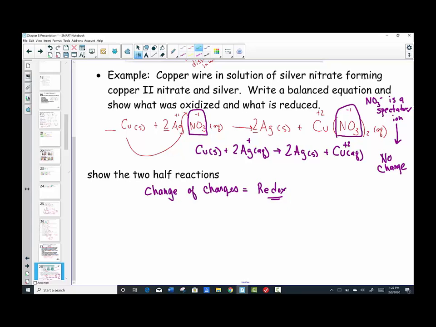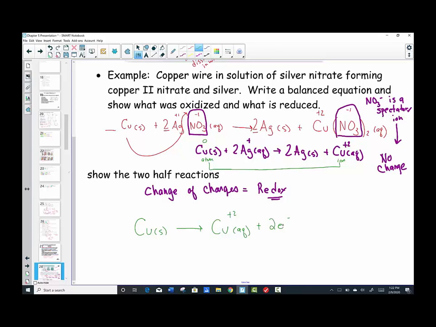Let's investigate. Copper in the elemental form has a charge of 0. Copper is not an ion at all. It starts as an atom, and atoms we know are neutral, no charge. On the right side, it formed an ion, and that ion carried a +2 charge. So the half reaction of copper would show copper as a solid forming a copper +2 ion, and the loss of 2 electrons.